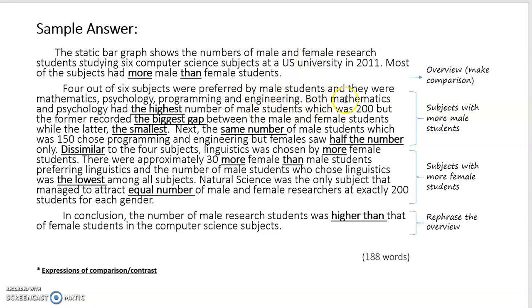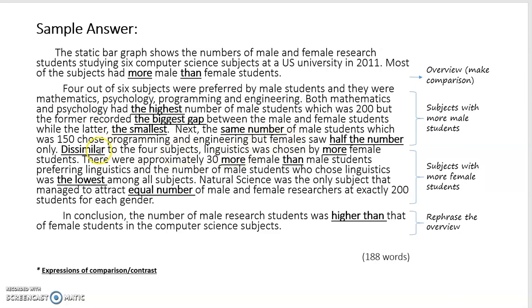So now it's comparing mathematics and psychology in terms of their similarities, and we have a superlative adjective here. Next, the same number of male students chose programming and engineering. So similarities between programming and engineering. And then we have the word but here. Female saw half of the number. So differences between male and female.